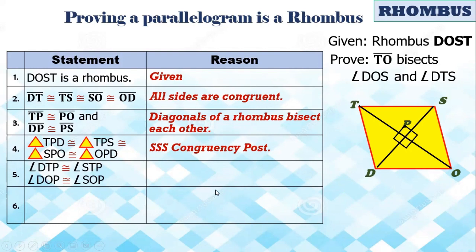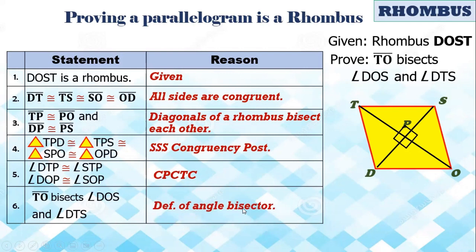By what reason? Okay, very good. Corresponding parts of congruent triangles are congruent. Therefore, we can say that line segment TO, or diagonal TO, bisects angle DOS and angle DTS. By what reason? First, the definition of an angle bisector.